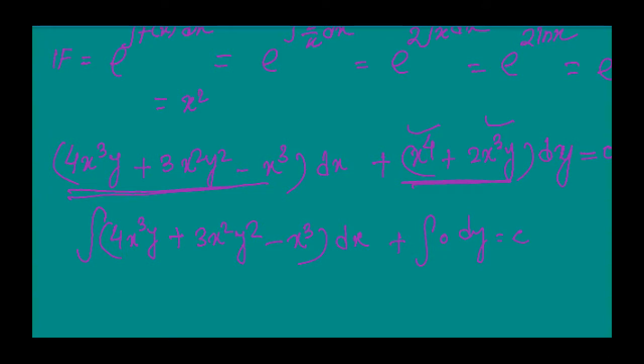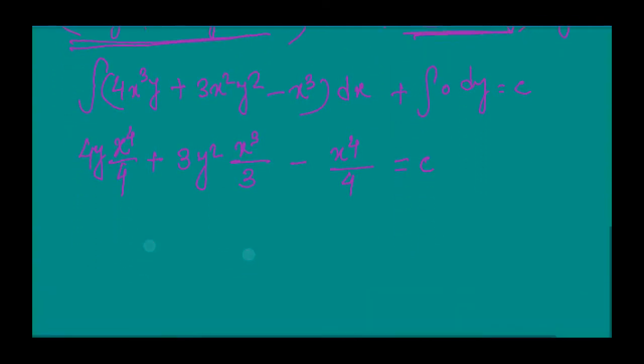And if we integrate this one, this will be 4y x⁴/4 + 3y² x³/3 − x⁴/4 = c.